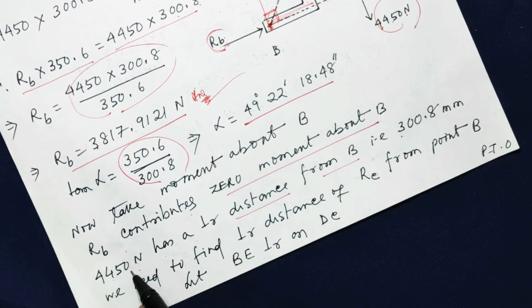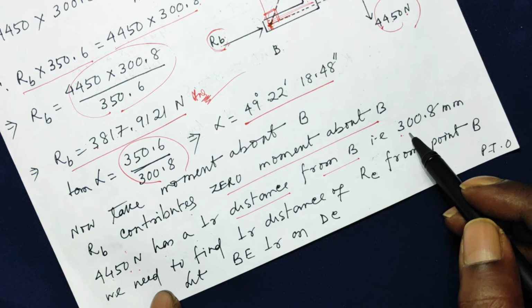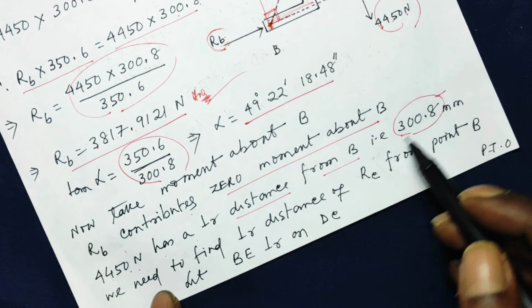So 4450 has a perpendicular distance of 300.8 millimeter.